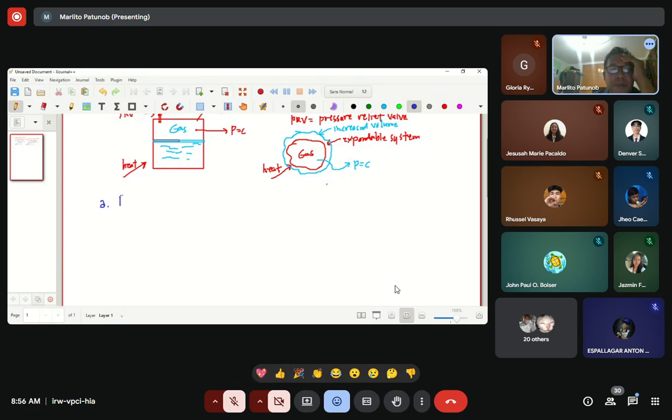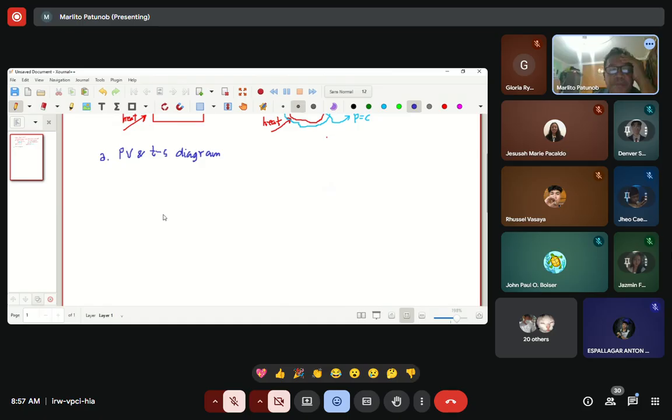So looking at a PV diagram, let's have first the TS diagram.